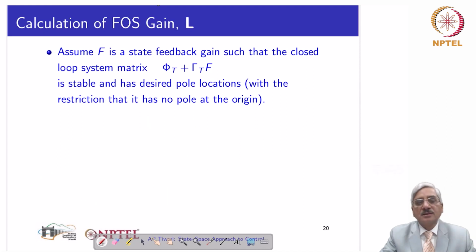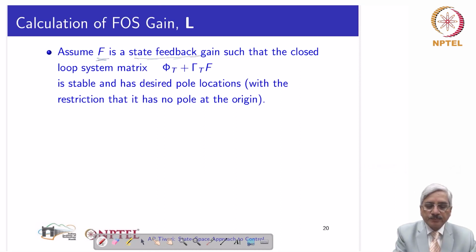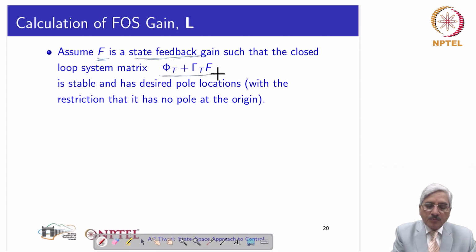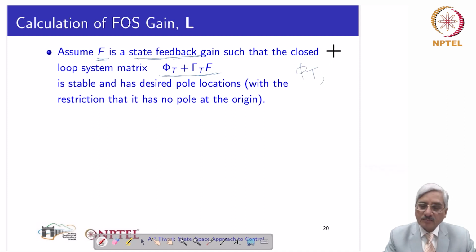So we evolve the equations using which we can design L, and for that we need to know a state feedback F. So by using any of the various well-known methods, we first design a state feedback gain F such that phi T plus gamma T F closed loop system is stable as well as has desired pole locations. Here phi T, gamma T are the matrices characterizing the continuous time system sampled at the rate T, with sampling period capital T.